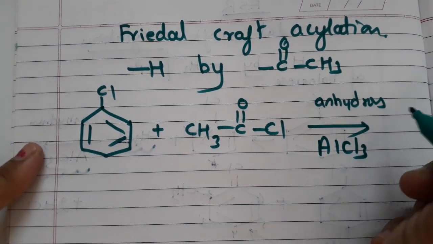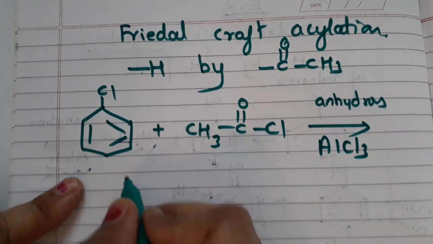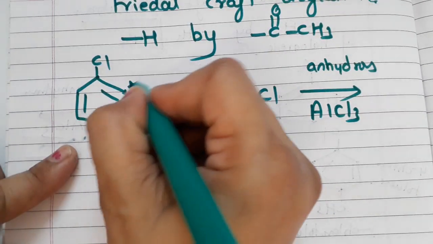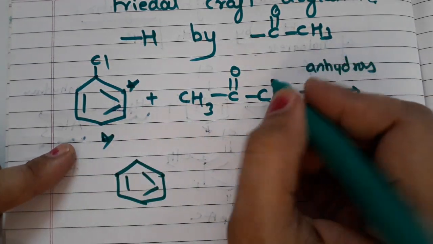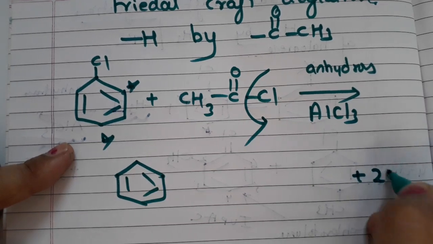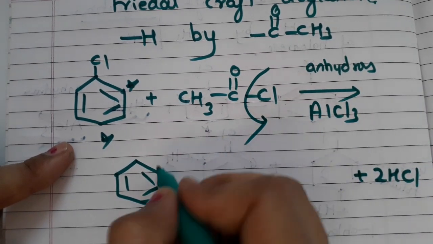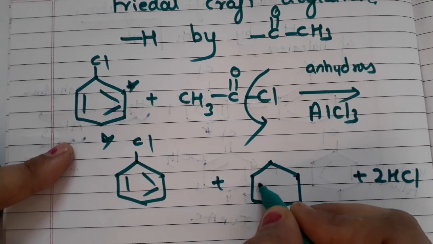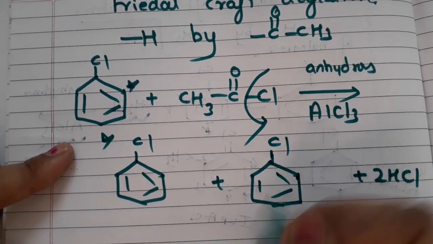Now what I am going to get is the ortho as well as para product. See, H will come out, and Cl will come out. So I'll write HCl, and we will be getting two products, one is ortho and one is para.